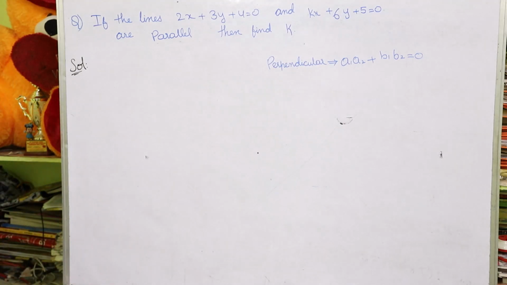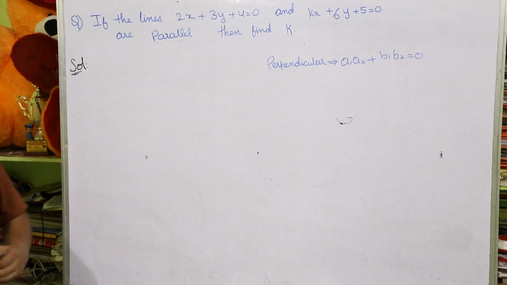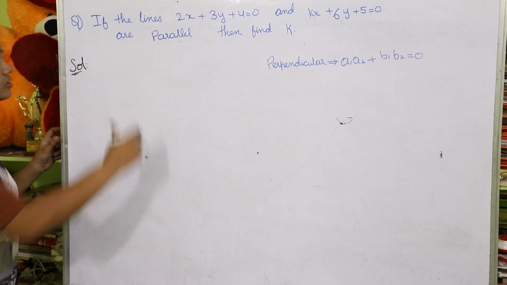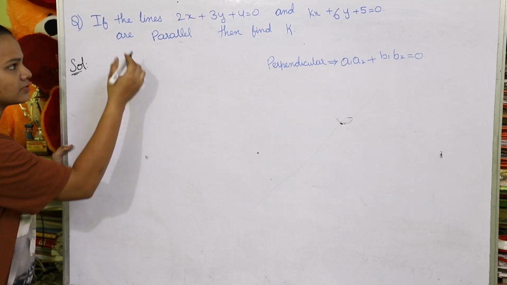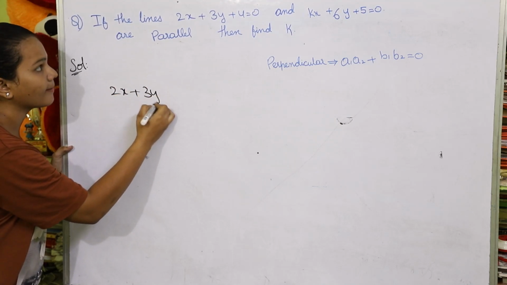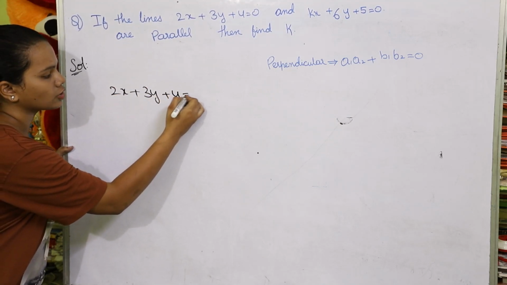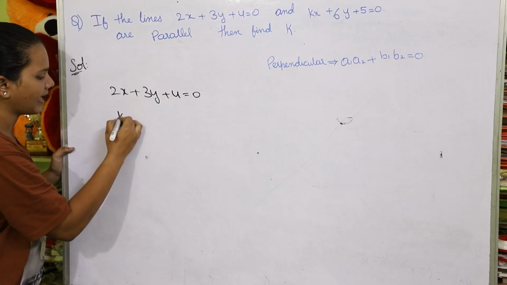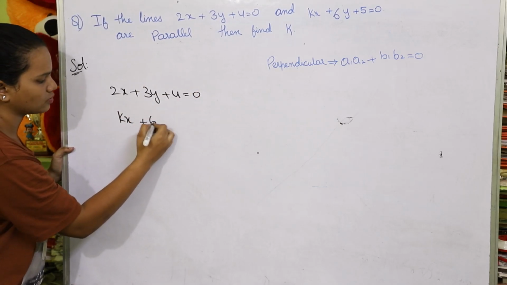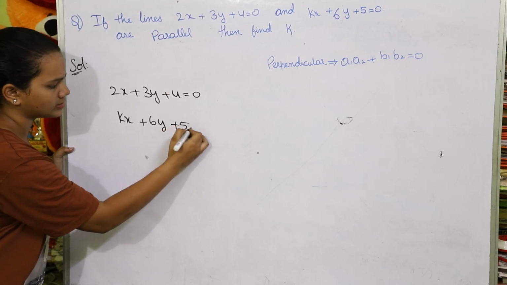Now to find out the value for parallel lines, what would you do? You just write the lines, guys. For 2x plus 3y plus 4 is equal to 0, and the second line is kx plus 6y plus 5 is equal to 0.